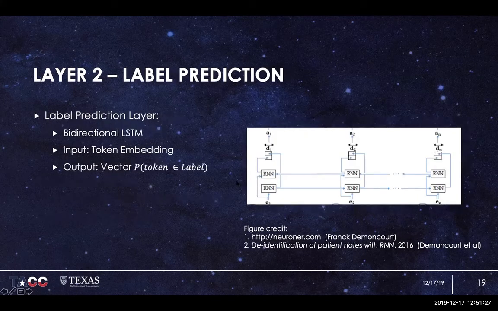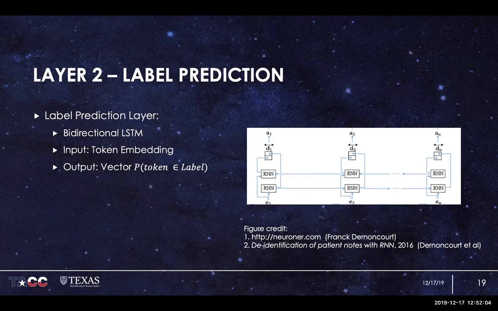So now once they have that, they move on to the label prediction layer, which is again a bidirectional LSTM layer. It takes in the token embedding, or the vector representation of the token, and it also tries to learn from the forward and backward sequences of the tokens. Its output is basically a vector of the probability of a token belonging to a certain label.